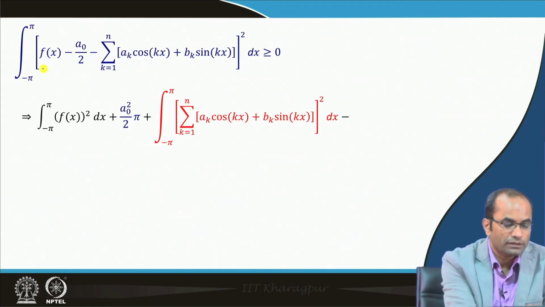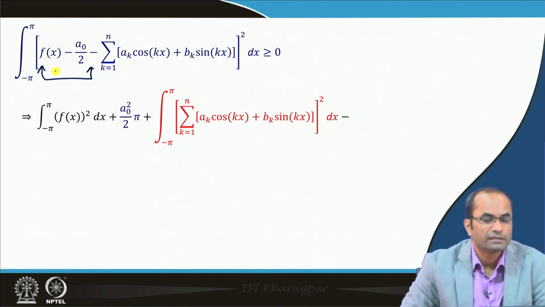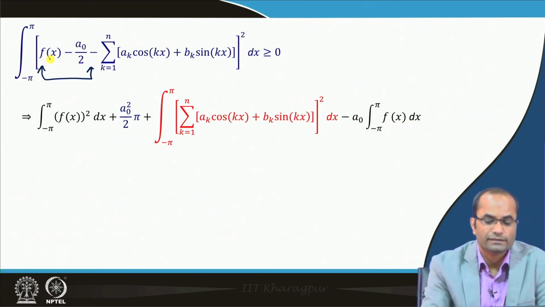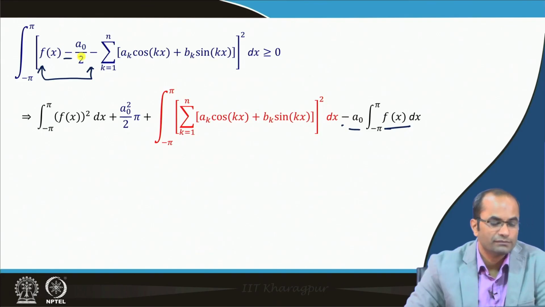Now we have the products. First we consider the product of the first 2. So, f x is multiplied by minus a naught by 2, and then it has to be doubled. The 2 will get cancelled and we have just minus a naught f x inside the integral; naturally the minus sign comes because one of them is minus.